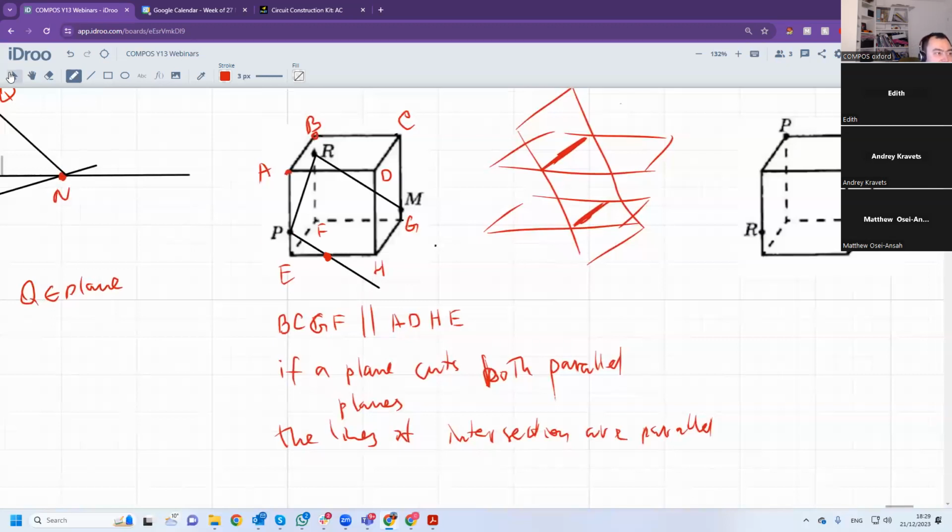All right, so that's the first thing to do. Bam. And then you draw a line parallel to PR. So you take PR and move it here.